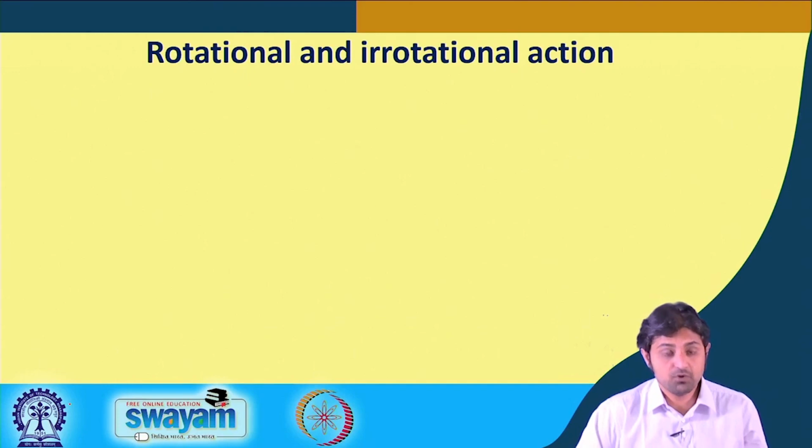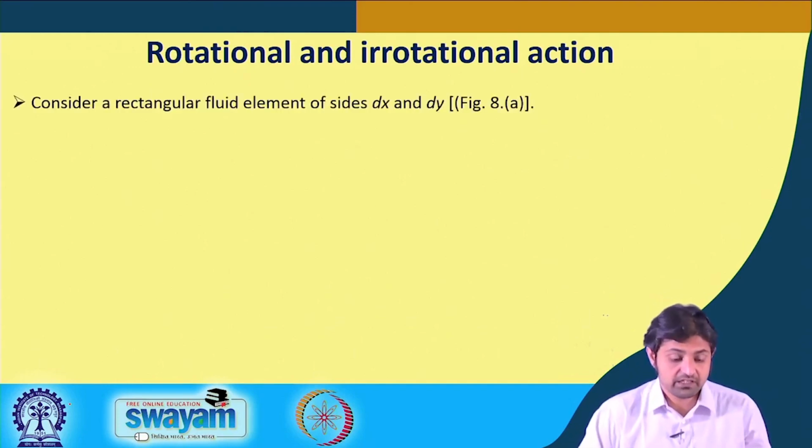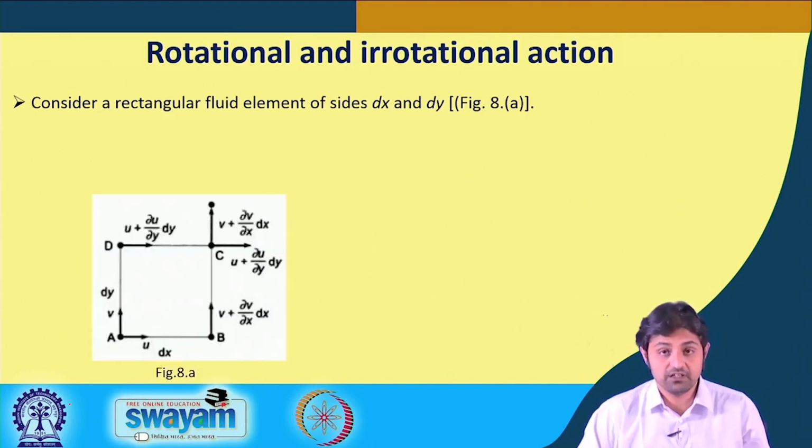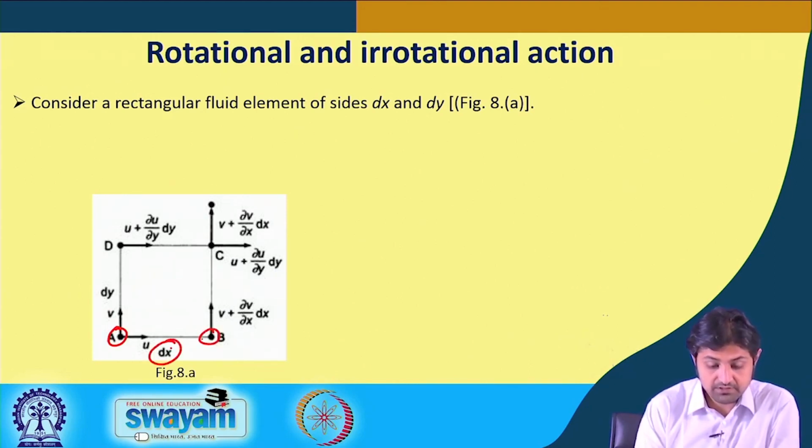Now, let us talk about rotational and irrotational motion. If we consider a rectangular fluid element of sides dx and dy as in this figure, this is point A, this is point B, this is the side dx, and this is dy.